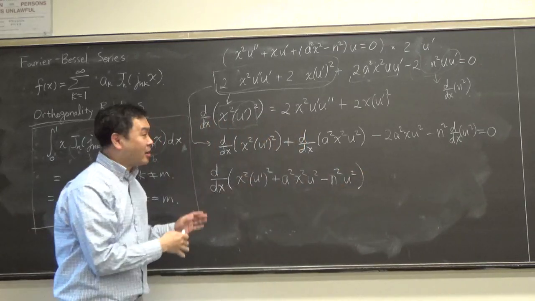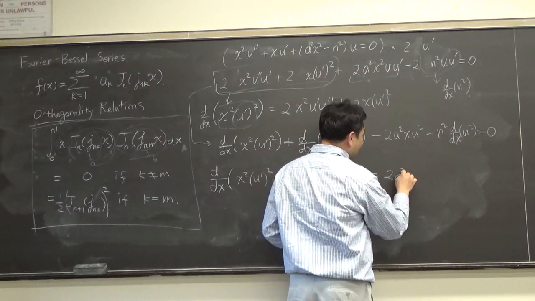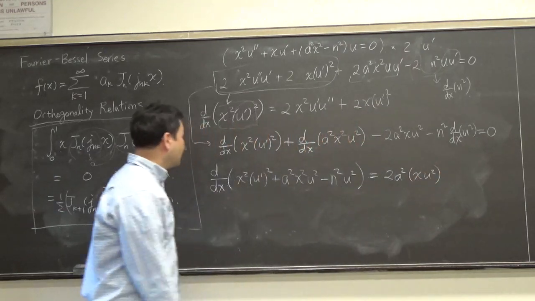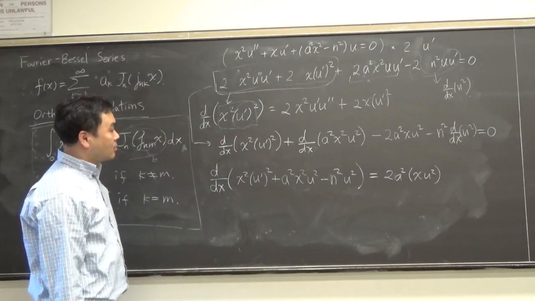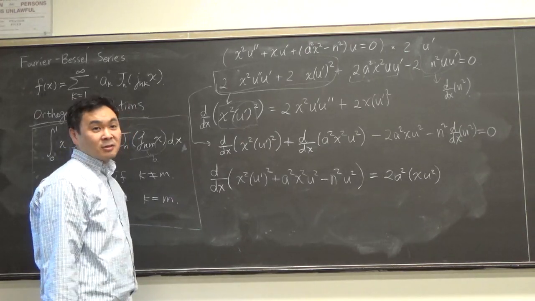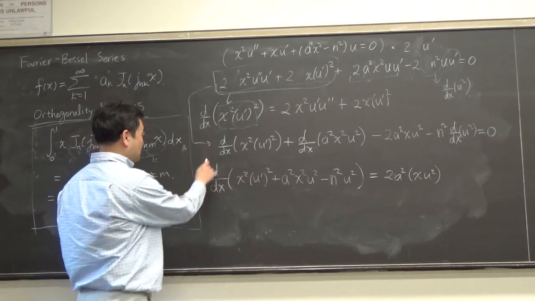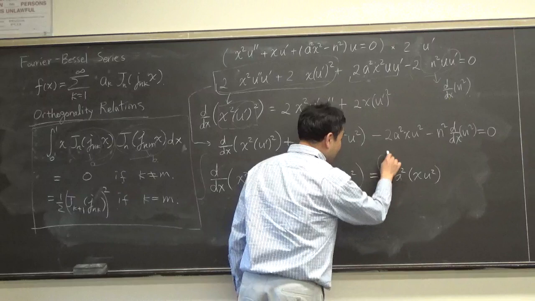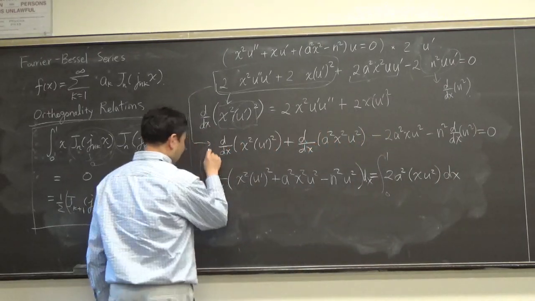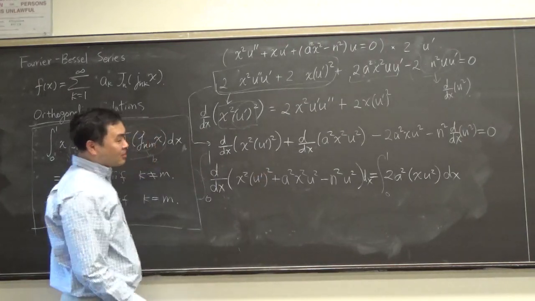These stay on the left side, but this one you move to the right side: 2a squared x u squared. Right. And then, once you have it like that, what do we do? Integrate both sides from 0 to 1. Right? Which is going to cancel the d dx, and now you have to evaluate that, right?